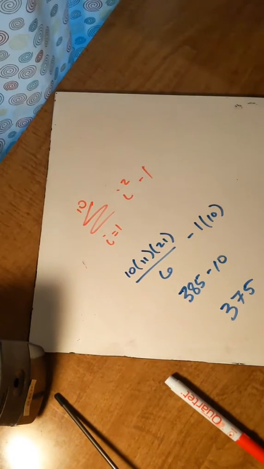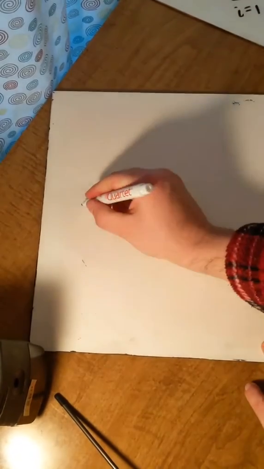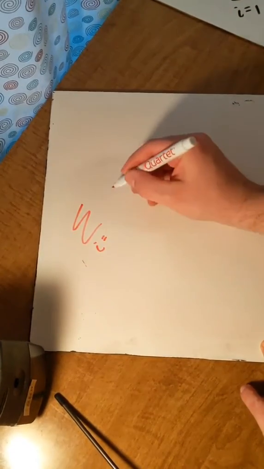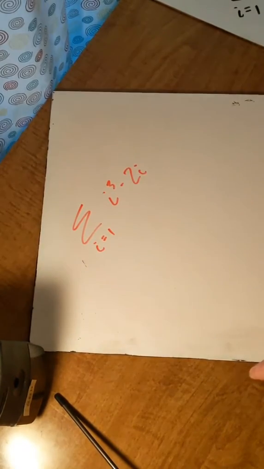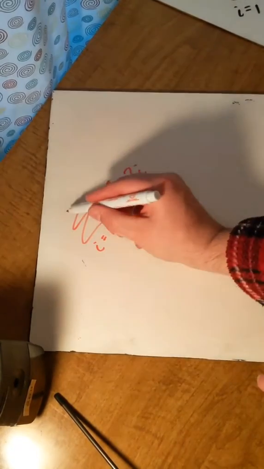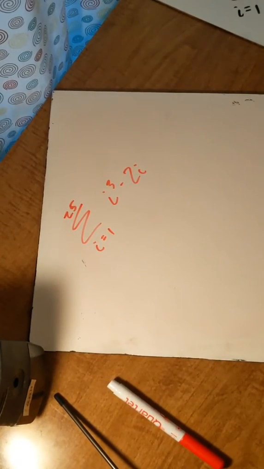The very next one. All right, we got i cubed minus 2i, and we're going from 1 to 25. Yep, 375 on the last one.